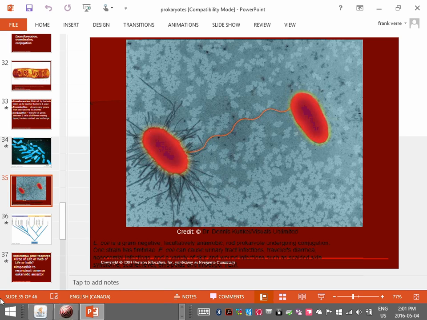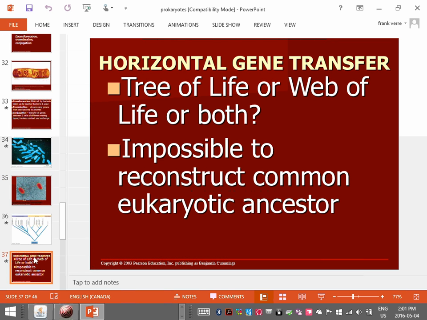So here's the thing. If you want to know the common ancestor of you and your brother, that's easy. It's your parents. But when you do that for things like bacteria, you can't, because they can mix up their genes. They can swap. And you don't know where that particular gene came from.